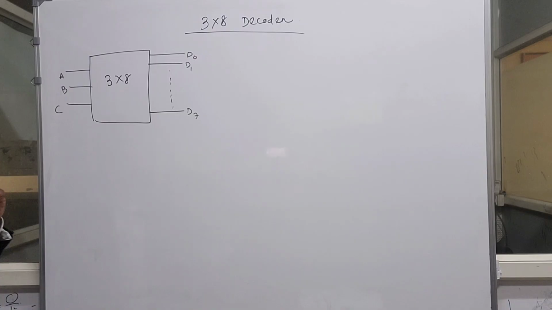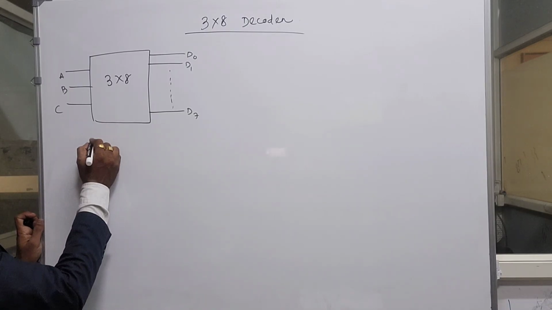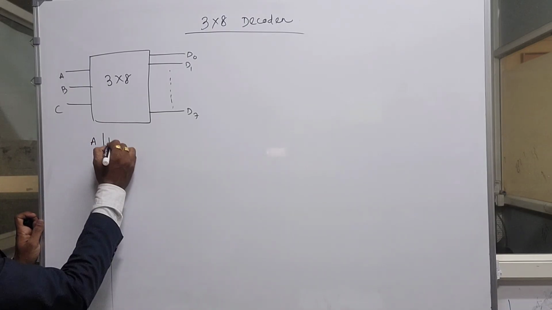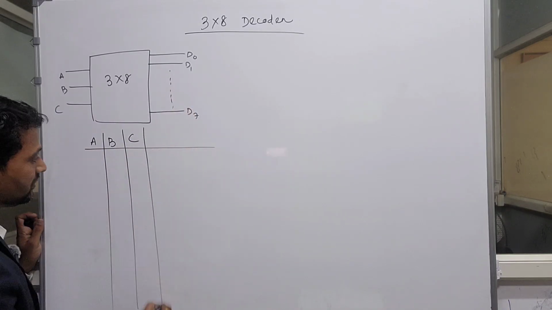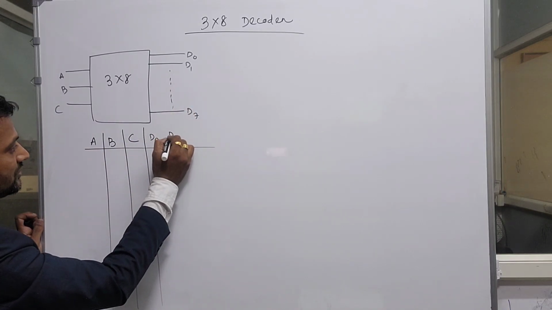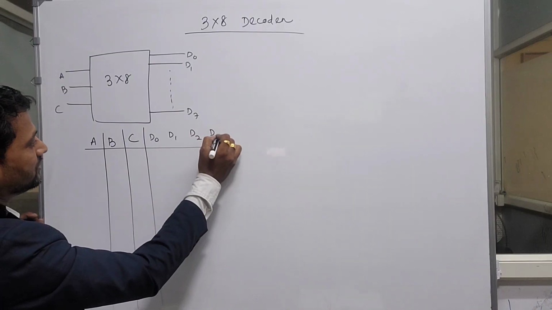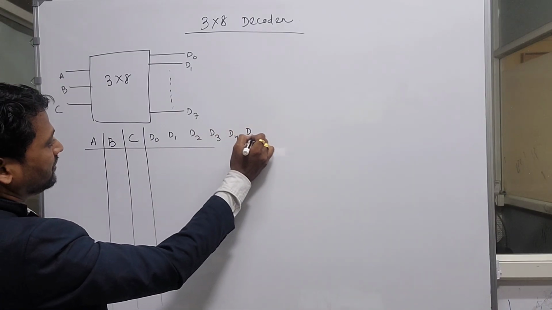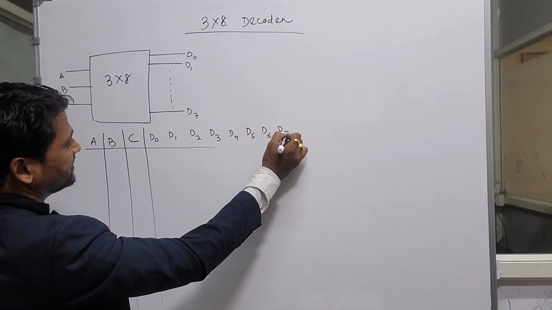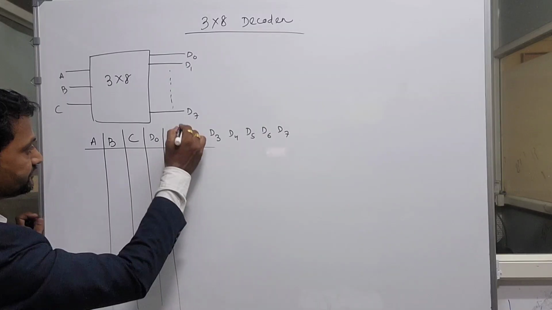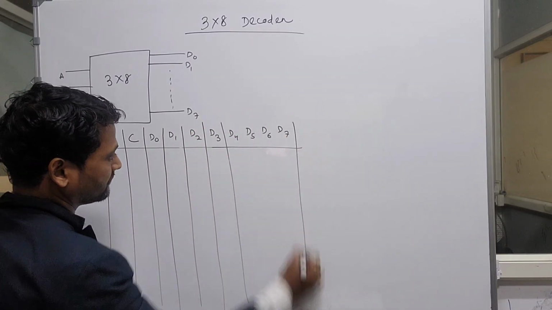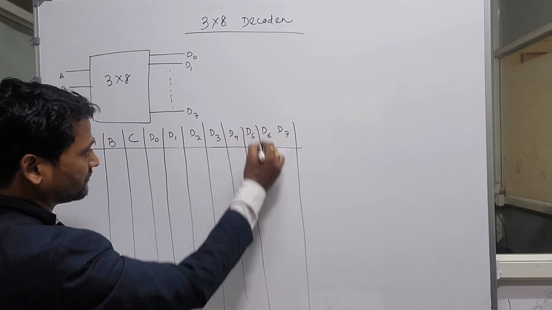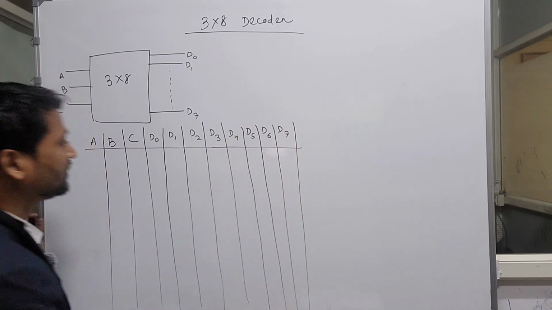Then coming to its truth table, what are the inputs? A, B and C, these are the inputs. And what are the outputs? D0, D1, D2, D3, D4, D5, D6 and D7. ठीक है.